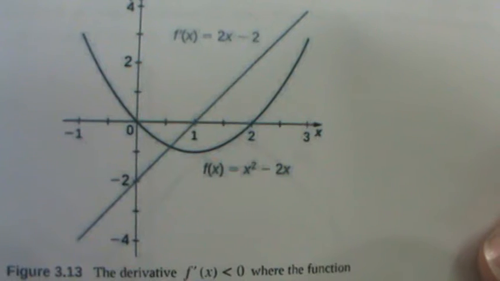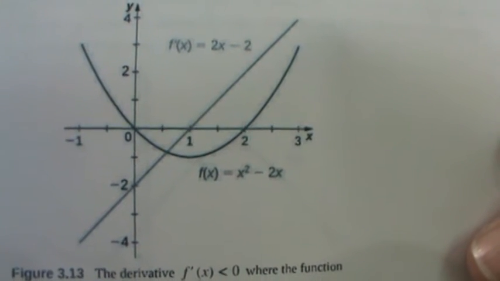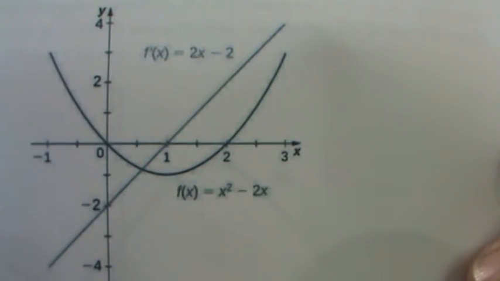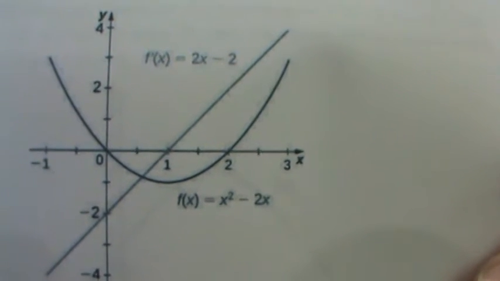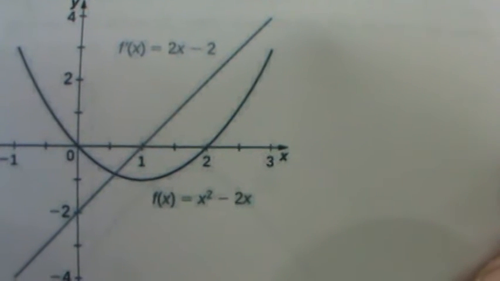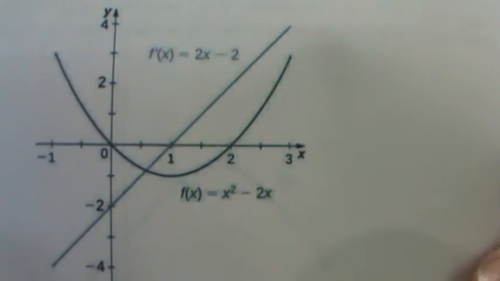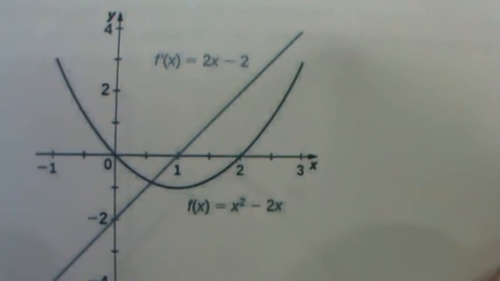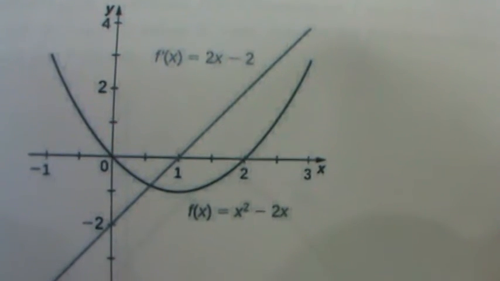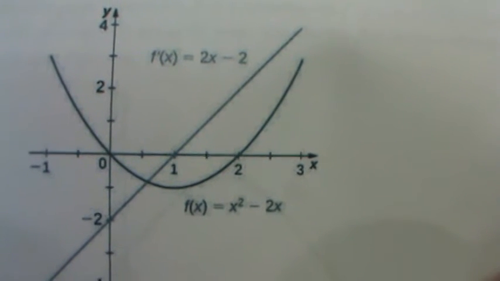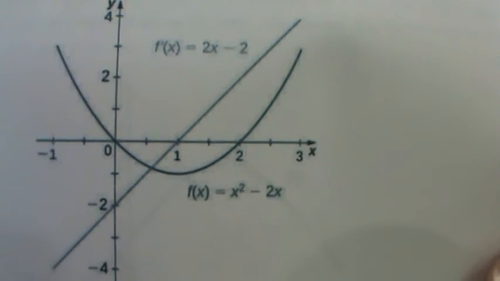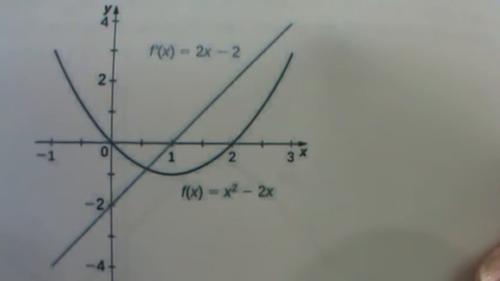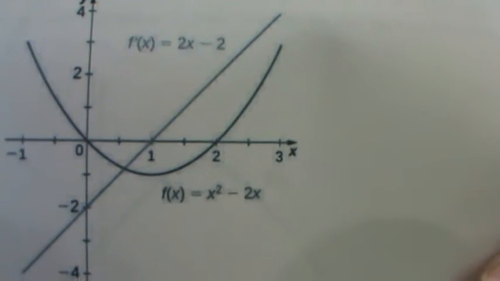It is negative, below the x-axis, from negative infinity to 1, where it crosses, and it's positive from 1 to positive infinity. Notice that at 1, the derivative function intersects the x-axis, and that's where on the parabola the tangent line is horizontal and has a slope of 0.